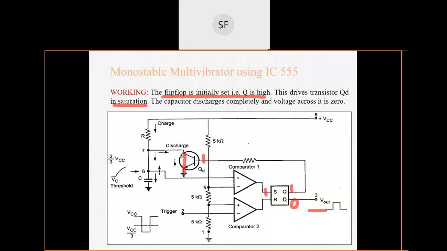So now this is the path. If you observe this point number 7 and ground, so one path is available here. So what happens when base is high? This discharge transistor goes into the saturation region, and in saturation region the transistor acts as a short circuit. Okay.